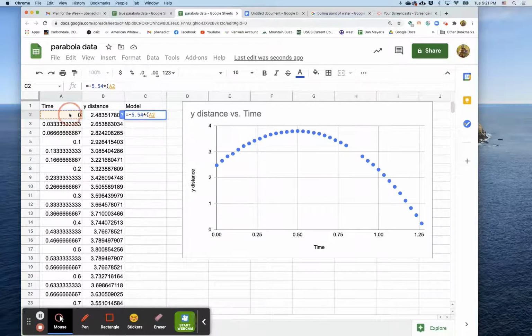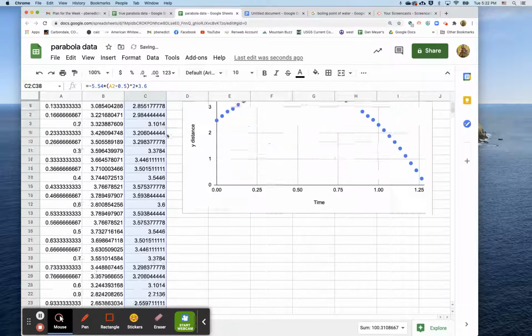And then this is my input, A2, my x, right? Minus 0.5 to the second power plus 3.6. Oops, not 36, 3.6.